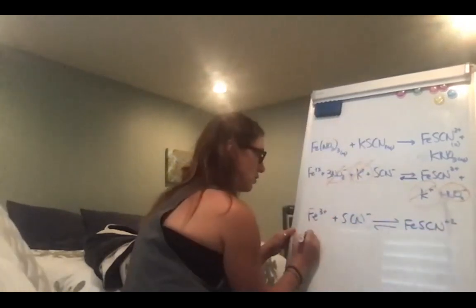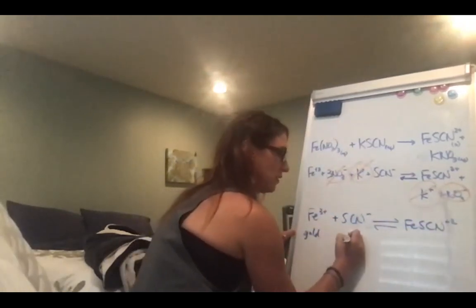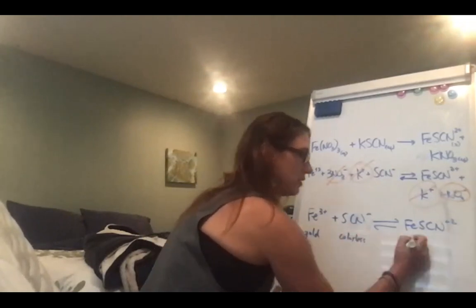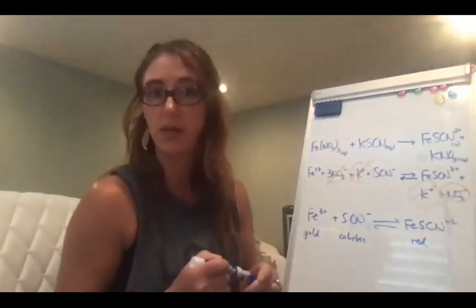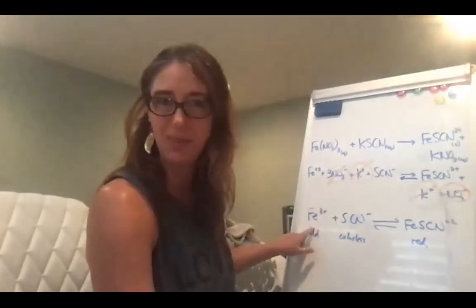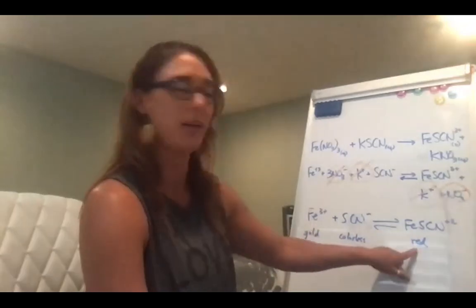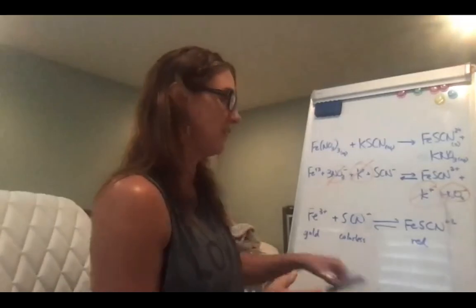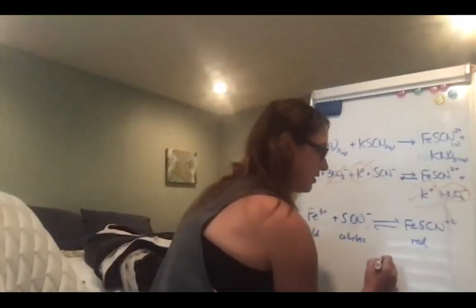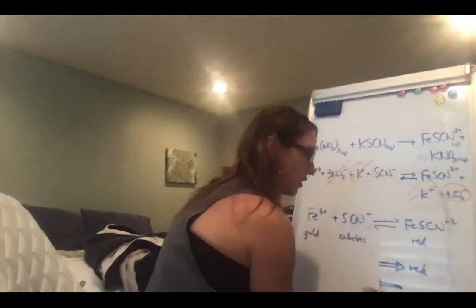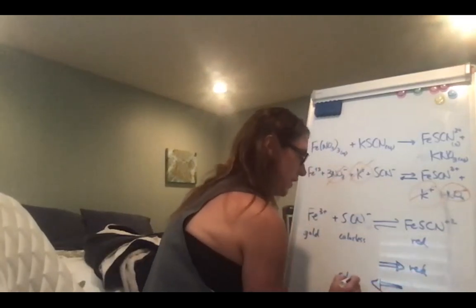We said this is gold, and this is colorless, and this is red. So the first thing we notice is that when we had a colorless solution and we added more of something that's gold colored, it actually got more red. This whole time we're just going to look to see if it's getting more red, that means it's shifting to the right. And if it's getting more colorless, it's shifting to the left.